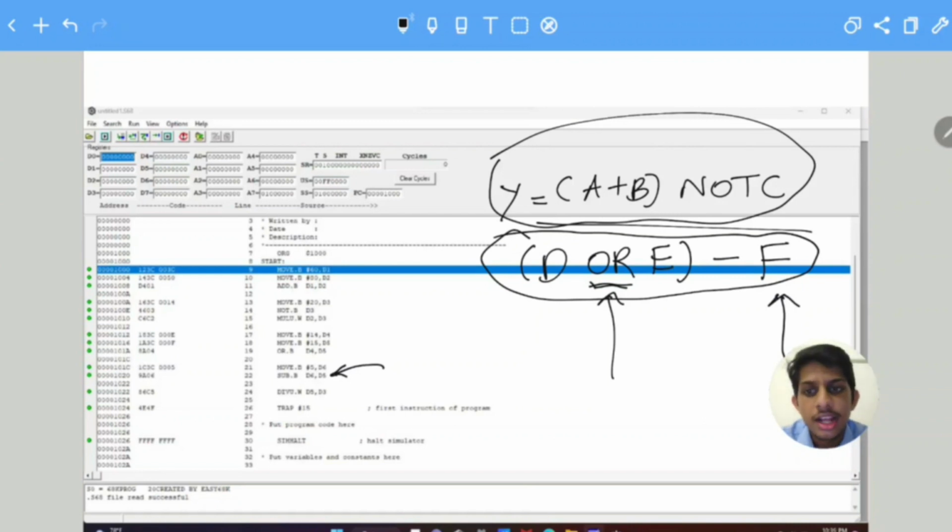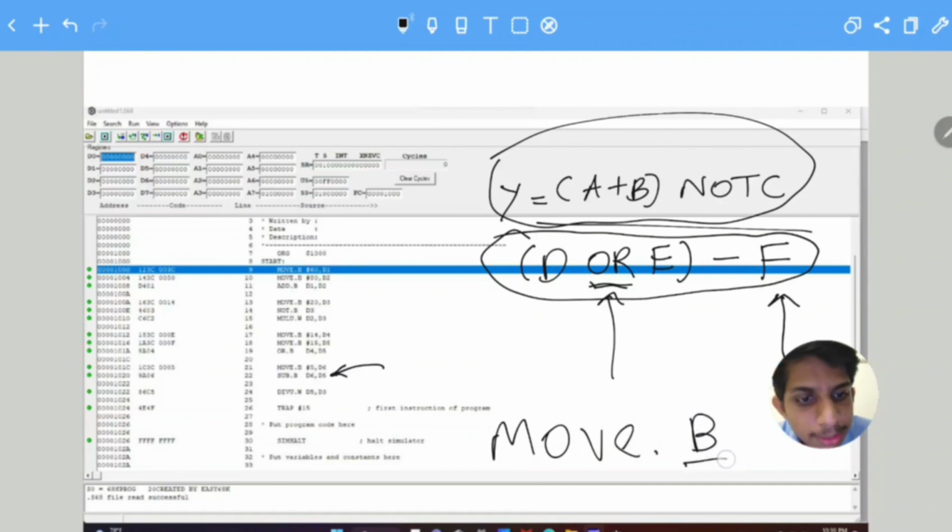And then another point: after move, the dot B indicates the size of the data. B indicates byte, and move.W means a word.